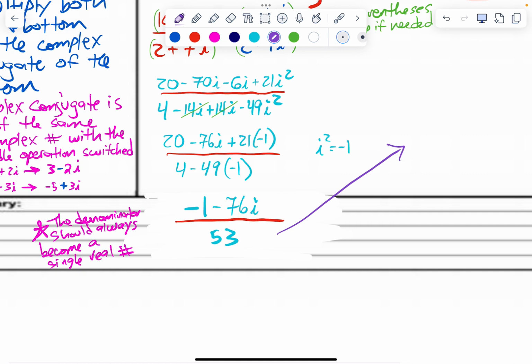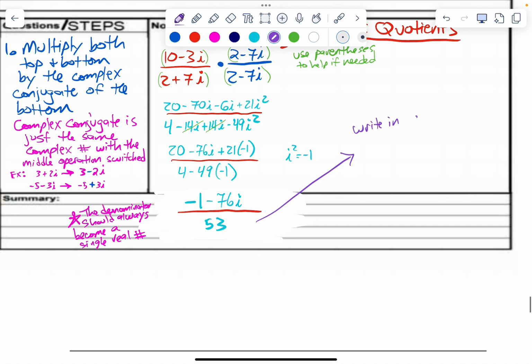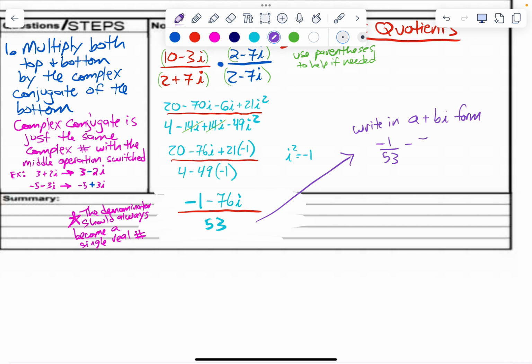And let me show you what that looks like. Right, in a plus bi form. In this case, it would look like this: negative 1 over 53 minus 76 over 53i.